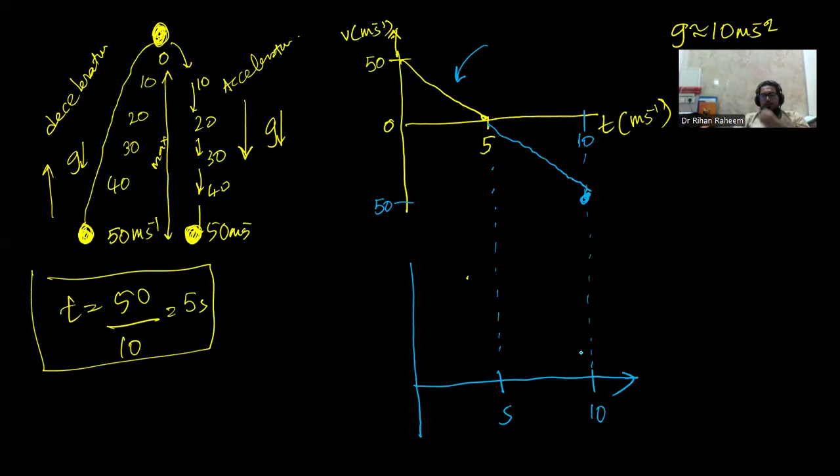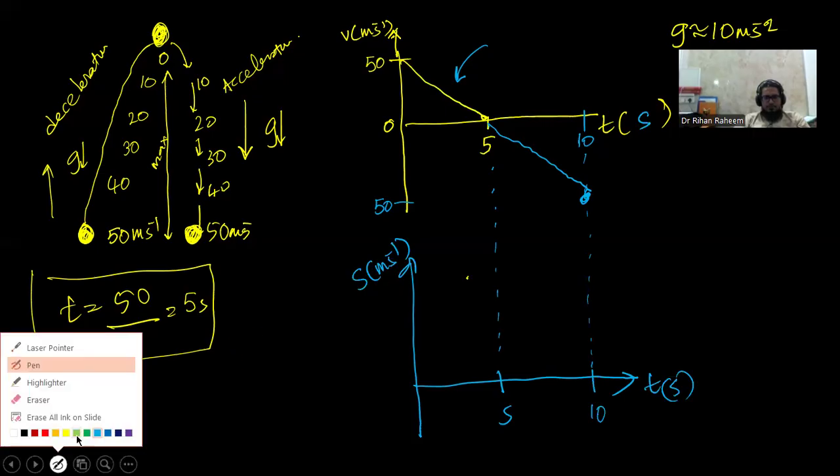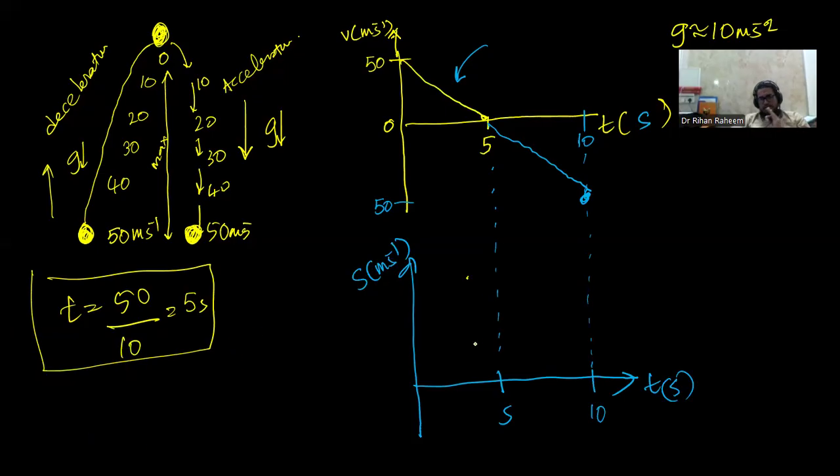Listen to this carefully. The speed time graph can be drawn in your syllabus. Speed in m s^-1, and this is time. Sorry, here I have put m s^-1, but time is in seconds, no? That's a writing mistake. Yes, someone has informed me, thank you. Now look, this is important. This you can draw for your syllabus.